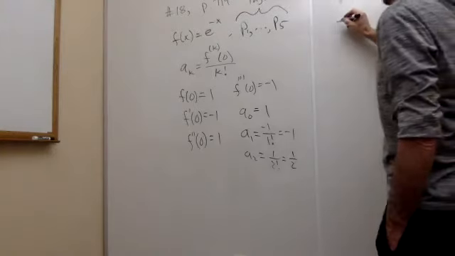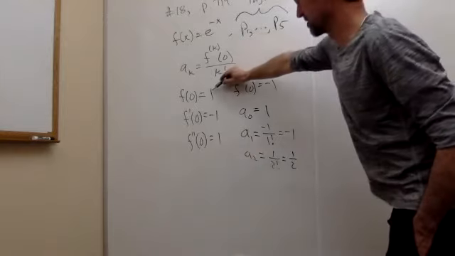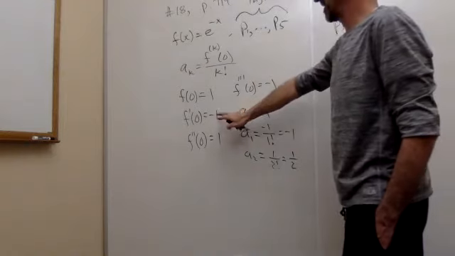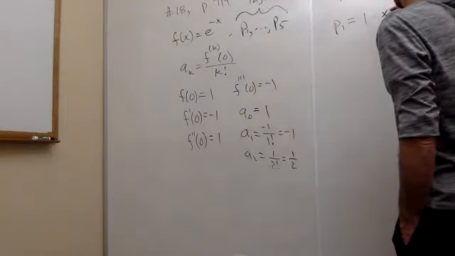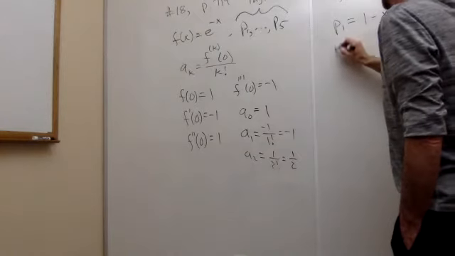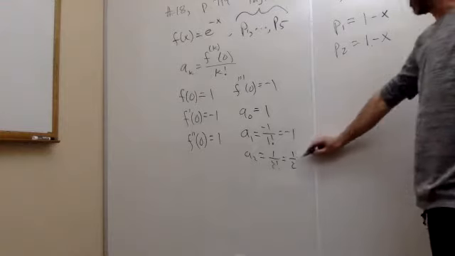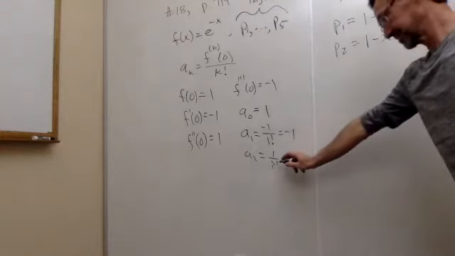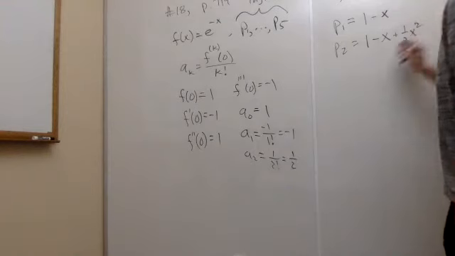And so on. So P1 is the functional value 1 plus a1, -1 times x. P2 uses both of those, and then we add a2, which is 1/2, technically over 2 factorial, but I'll write it as 1/2.